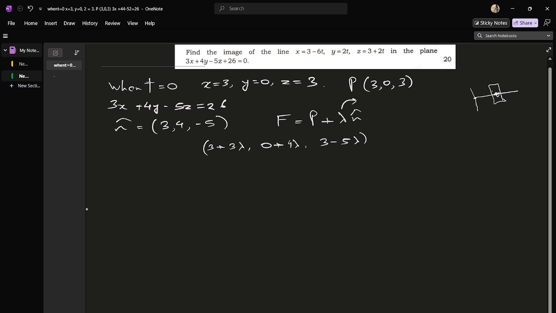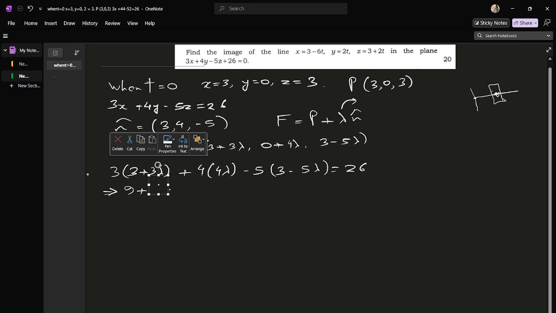Then we are going to substitute these coordinates in the equation of the plane. So what will we get?